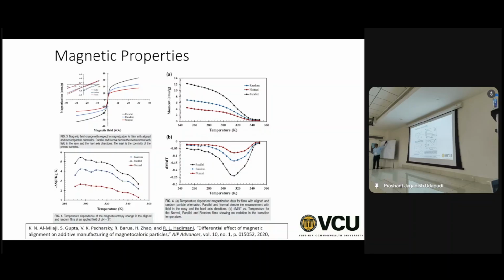You just say one axis has high property, the other axis has low property, right? But if you take a polycrystalline sample where crystals are randomly oriented and measure the property, what will happen? It will be somewhere in between. This is polycrystalline.